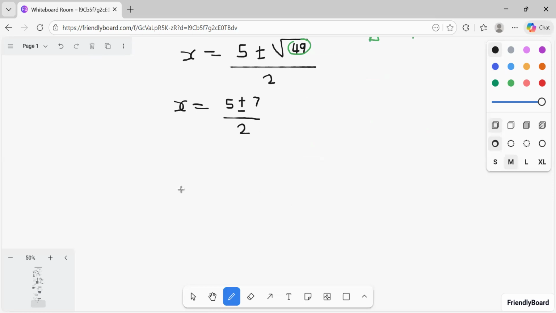Therefore the two values of my x, which I'm going to compare to see whether they are equal or not, are going to be like this. First I'm going to take it when it's positive, or I'm going to take it when it is negative.